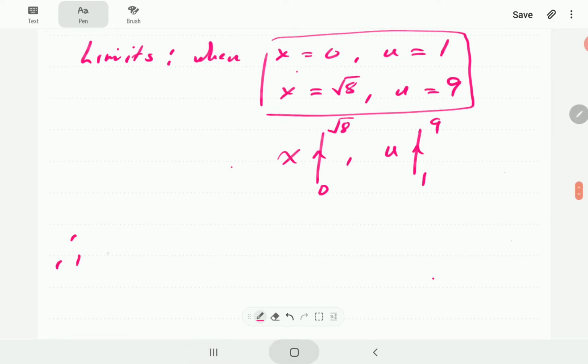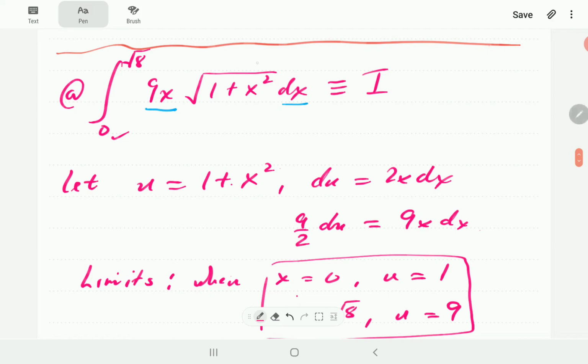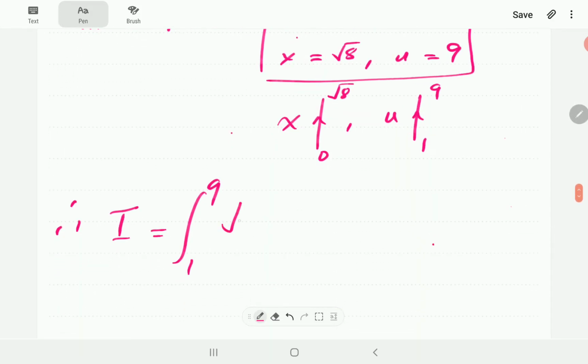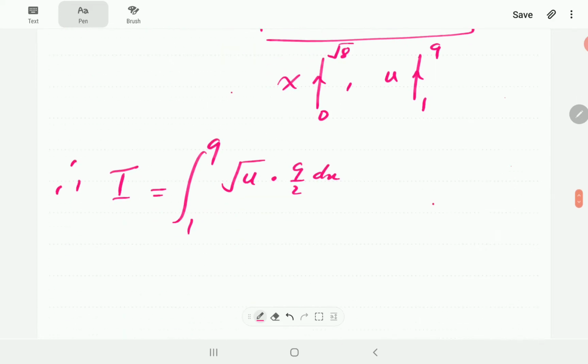So what's going to happen now is the integral we can write as the integral from 1 to 9. Then this bit here is just square root u, and 9x dx is 9 over 2 du from here.